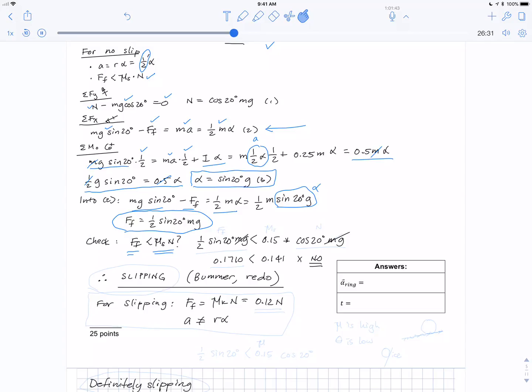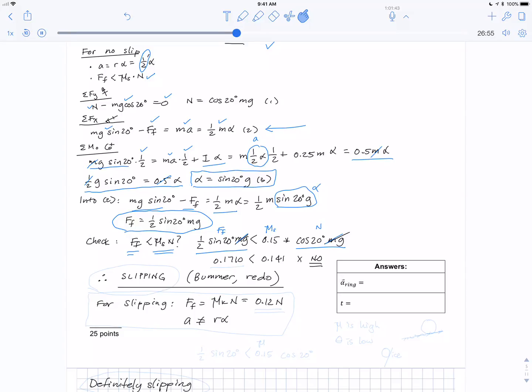So the friction force was 1/2 sine 20 degrees mg. Mu static was 0.15, and then we got the normal force was cosine 20 degrees times mg, and as promised, m cancels out. Or you could have just put m equals 1 and solved the problem.